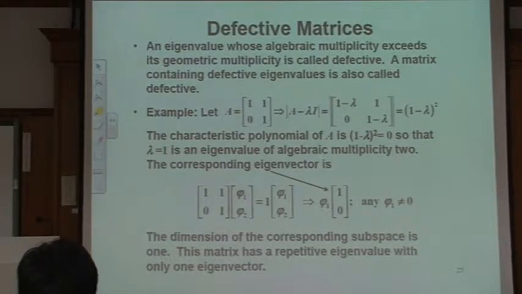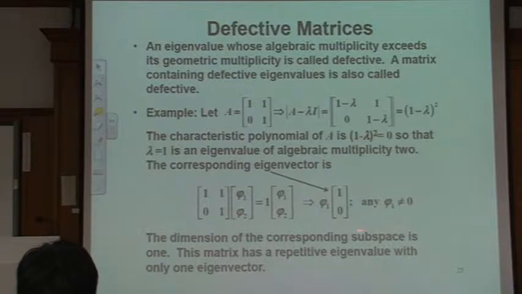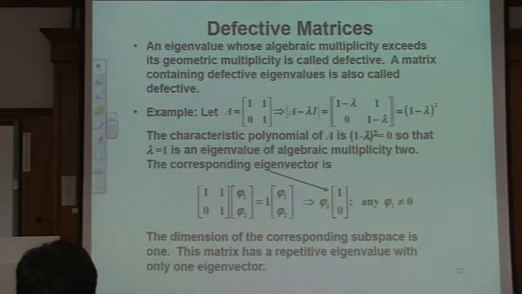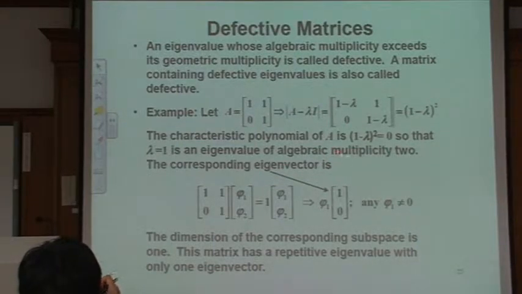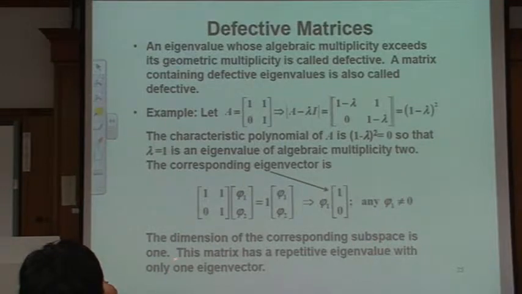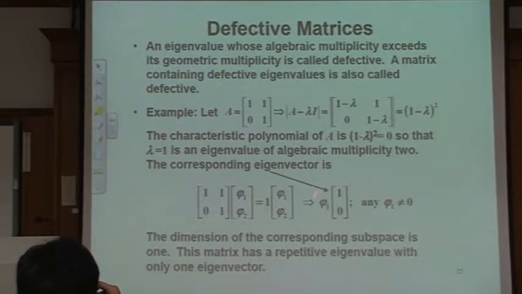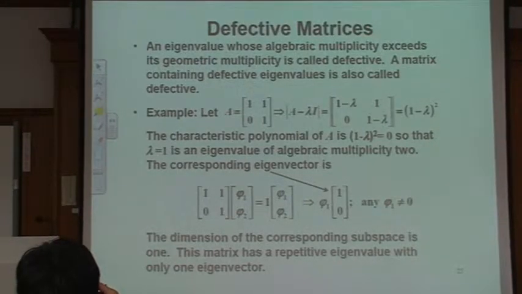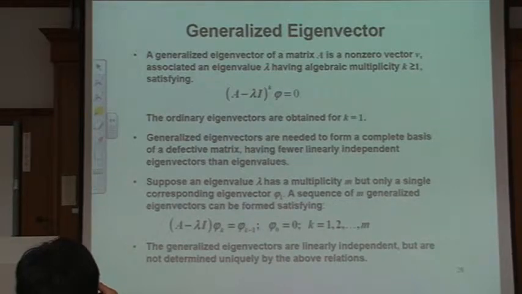So in this case, the geometric multiplicity is just 1, and the dimension of the corresponding subspace is 1. So this matrix is called defective. Because we only have one eigenvector here, this matrix has a repeated eigenvalue with only one eigenvector. This is the case we talked about.